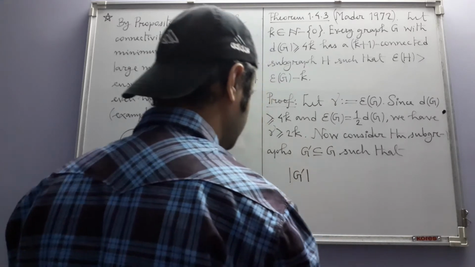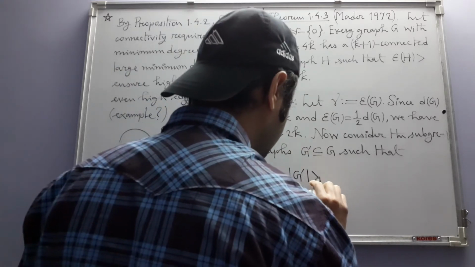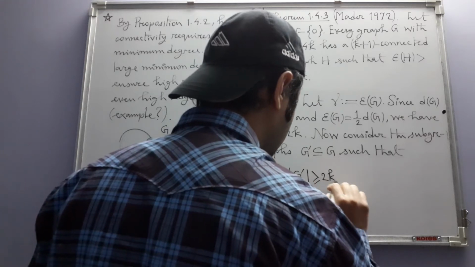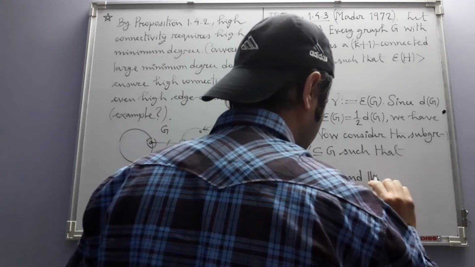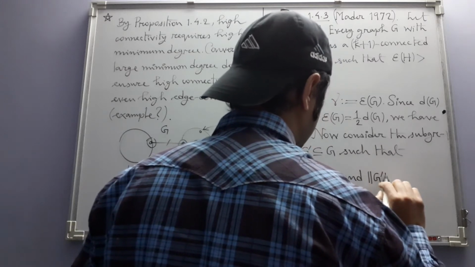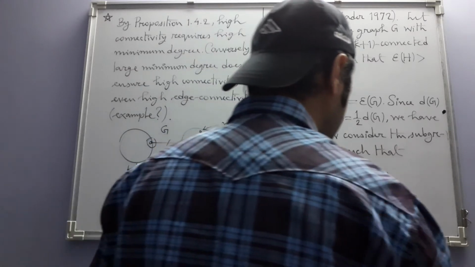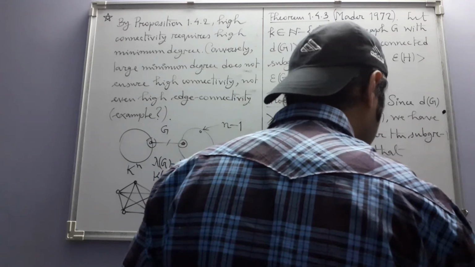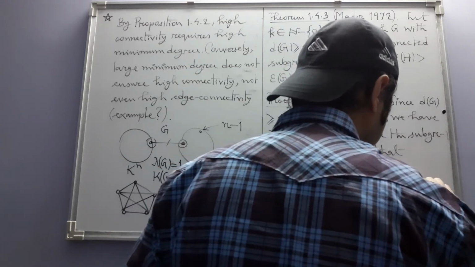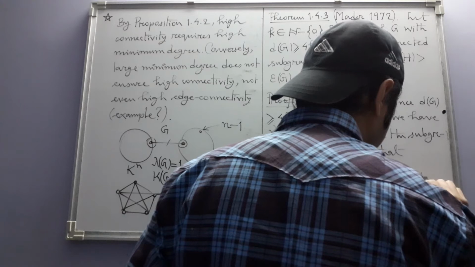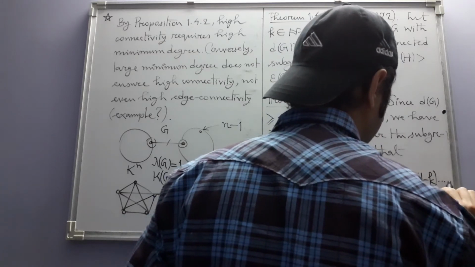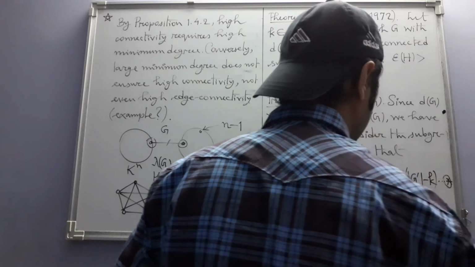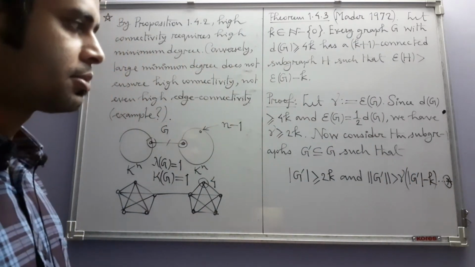Order of G prime is greater than or equal to 2k, and the number of edges of G prime is greater than gamma times the order of G prime minus k, and let us call these conditions collectively star.